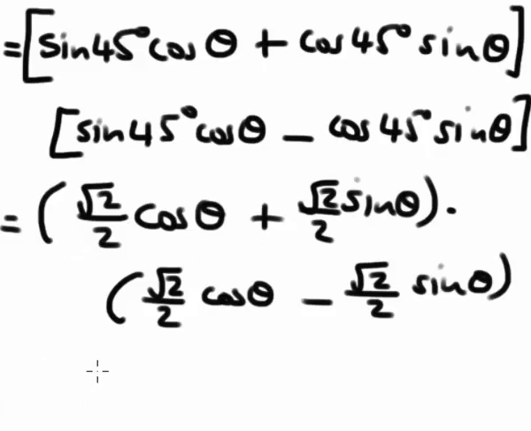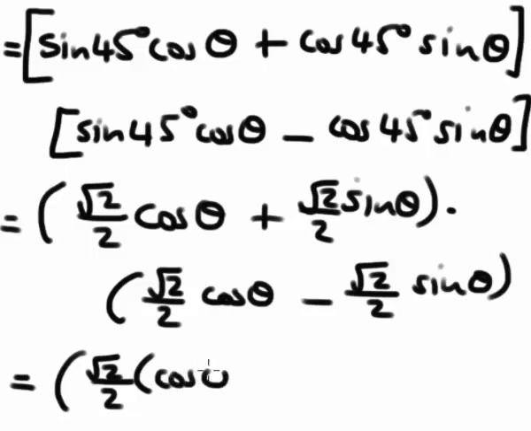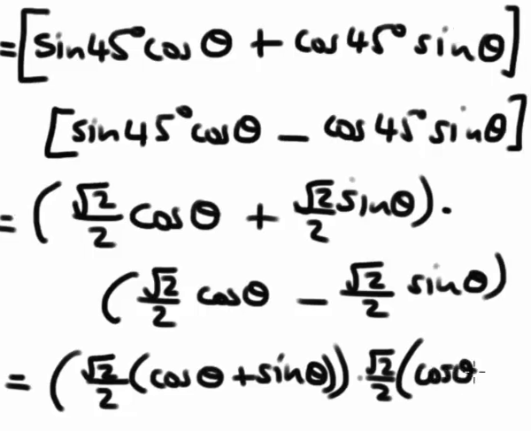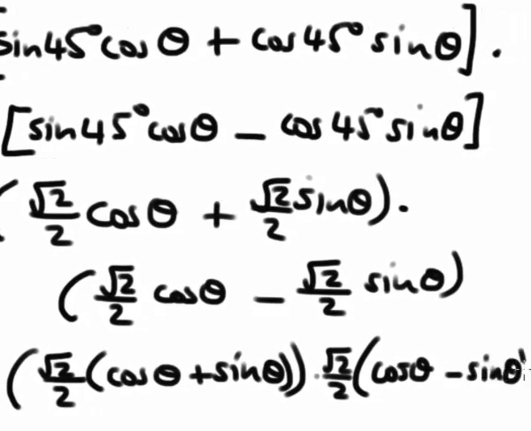If we haul out a common factor of root 2 over 2 in the first brackets, that gives you cos theta plus sine theta. And if we do the same here, take out the root 2 over 2, we're left with cos theta minus sine theta.